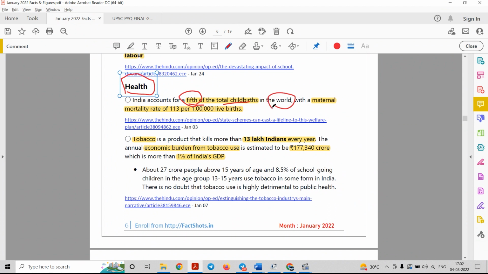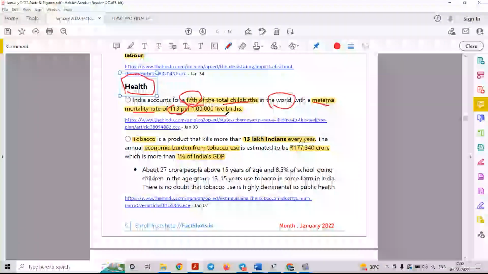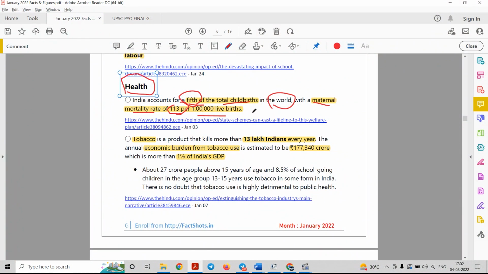One fifth means around 20%. Suppose in the world 100% childbirths are happening, 20% are contributed by India alone, and the maternal mortality rate in India is around 113 per lakh live births.